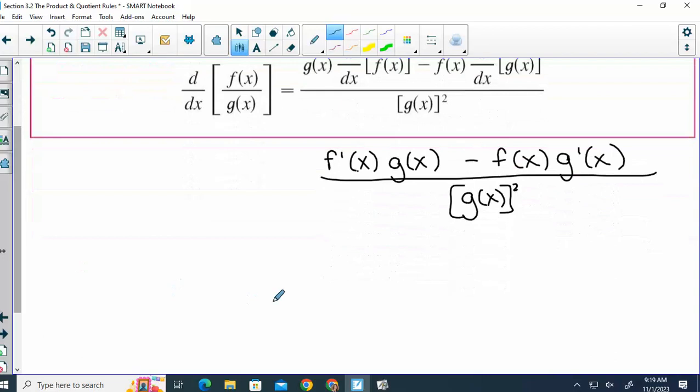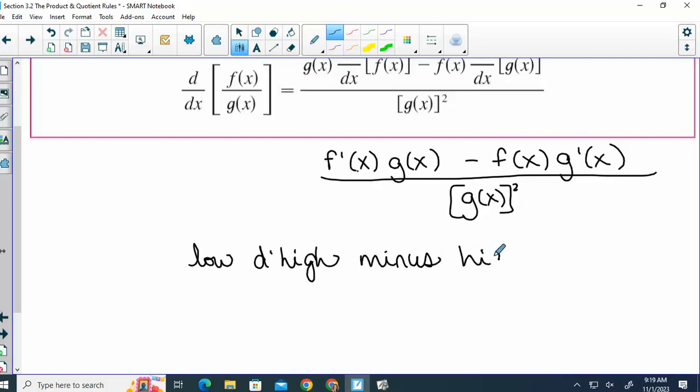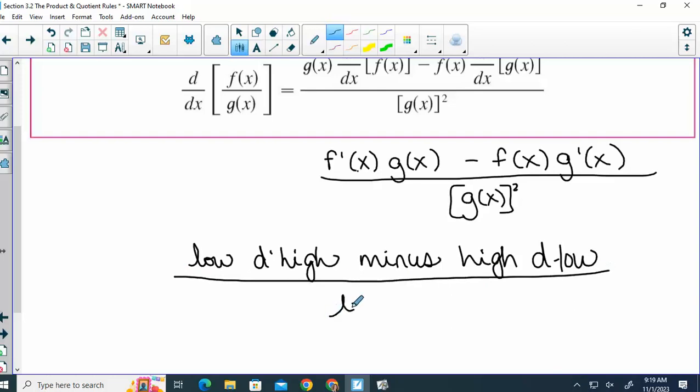Another little trick for this, you can say low d high minus high d low over low squared. Okay, and that's the same thing.